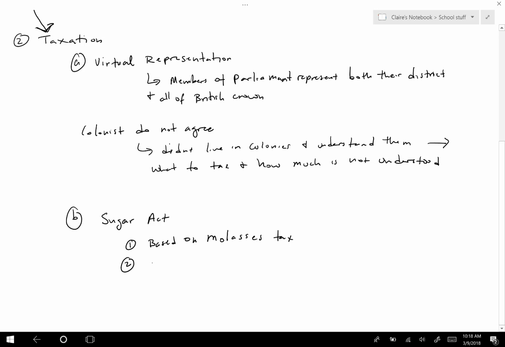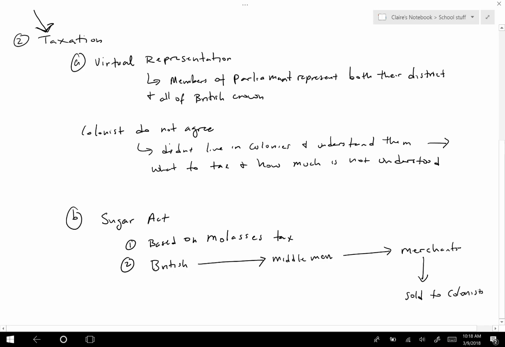So with importing, the idea is that the British shipped it, and then they gave it to often a middleman, and then they gave it to the merchants who sold it to the colonists, right? So the merchants sold to colonists.